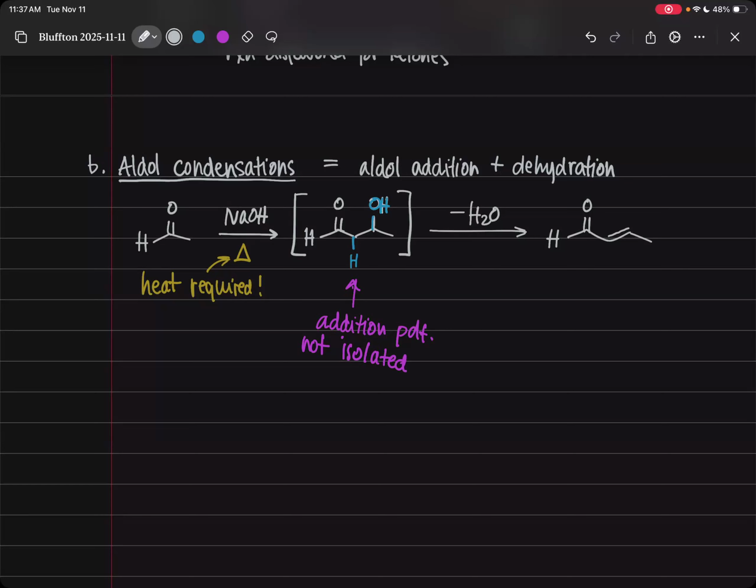Are they isolated? No. They're conjugated with each other. Conjugation means stability.